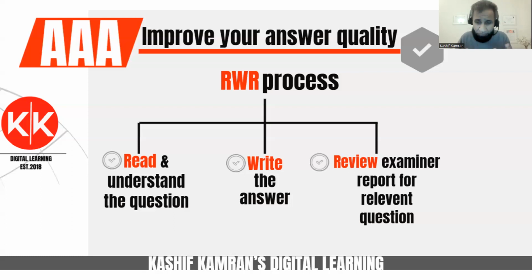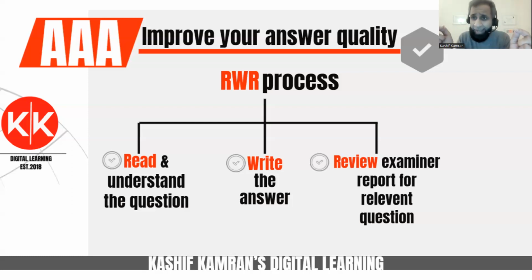It can even go to 4 to 5 sentences if the accounting treatment is very complex. If you're writing an ethical issue, at least you need to pick up the issue and then justify, okay, this is the self-review threat, and explain why it is a self-review threat. So it can automatically stretch to 3 sentences. So 3 to 4 sentences at a minimum is a well-developed point in AAA, which can fetch you good marks.